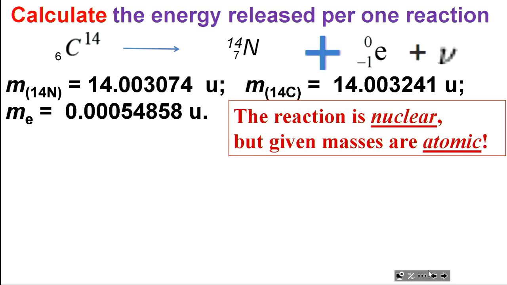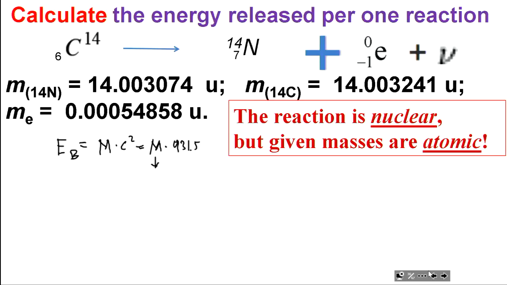If we want to relate the energy before and after, the energy before the reaction, in this case we have only one element, is going to be equal to mc squared, if we use kilograms, or m times 931.5 mega electron volts.